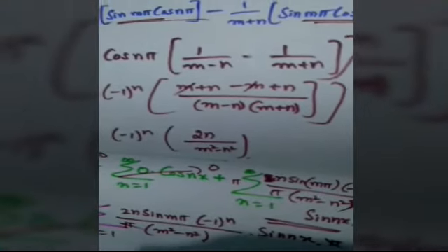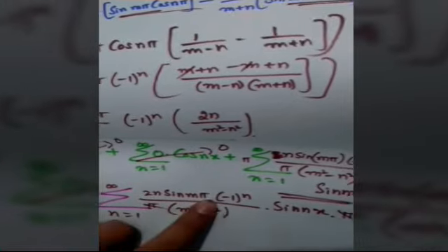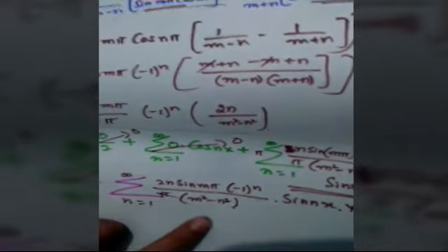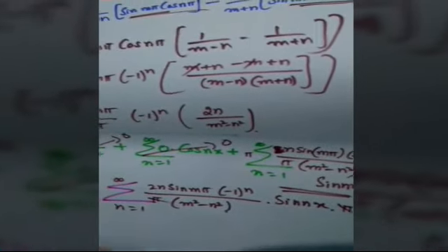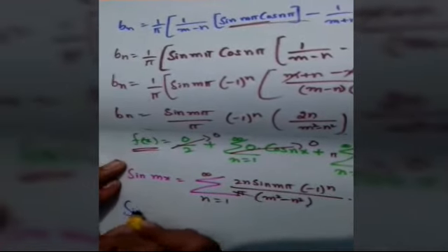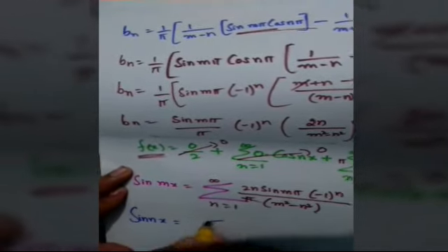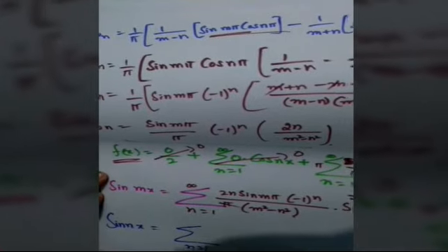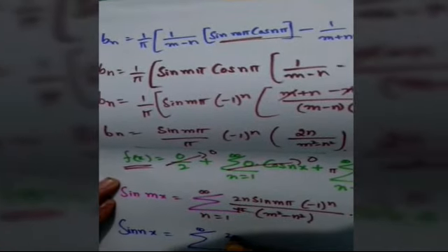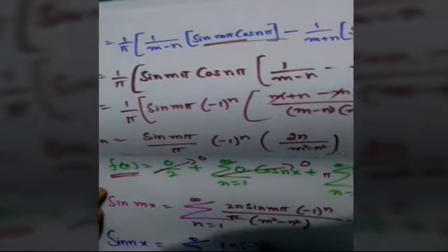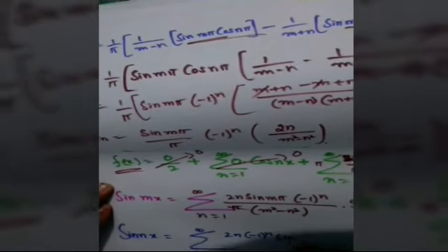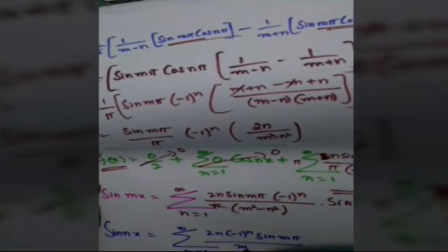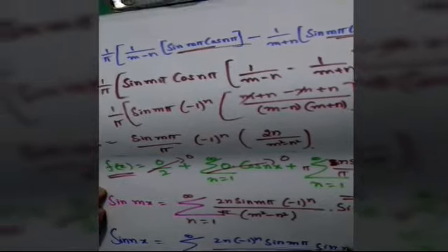This pi and this pi get cancelled. So sin mx is equal to summation of n is equal to 1 to infinity 2n into minus 1 whole power n sin m pi by (m square minus n square) into sin nx.